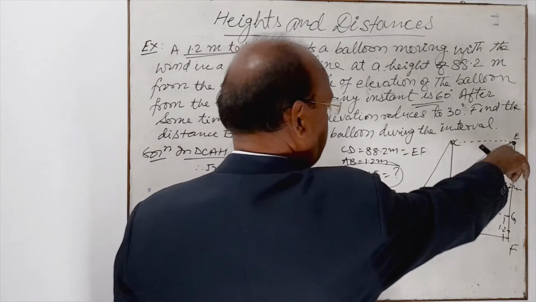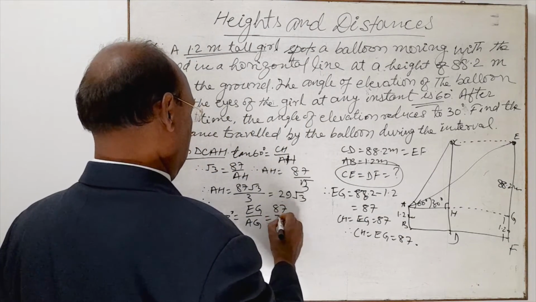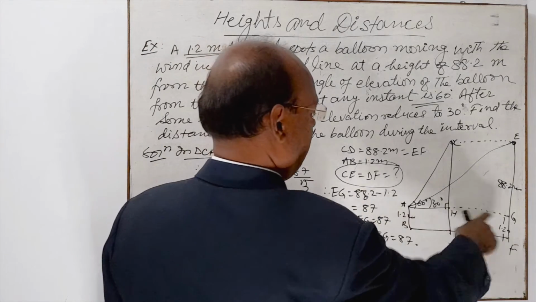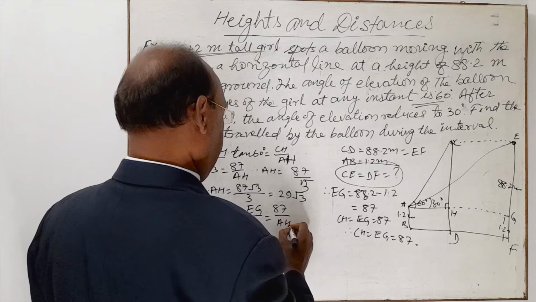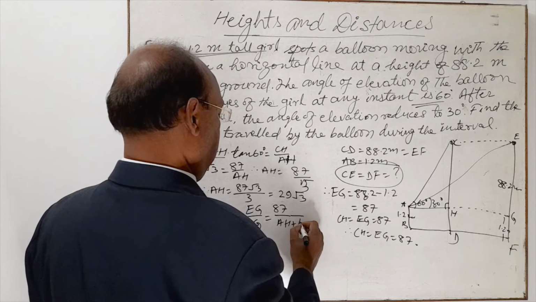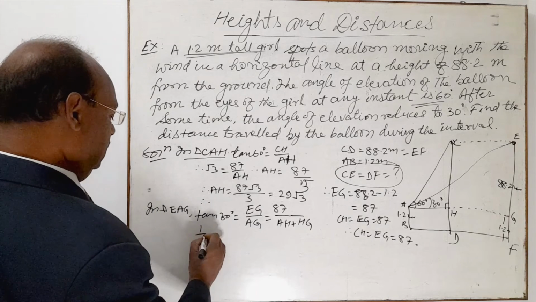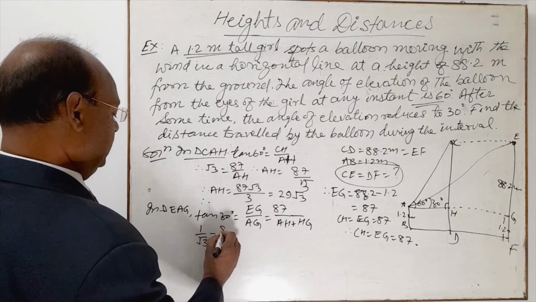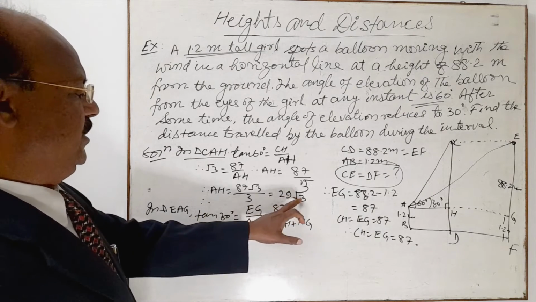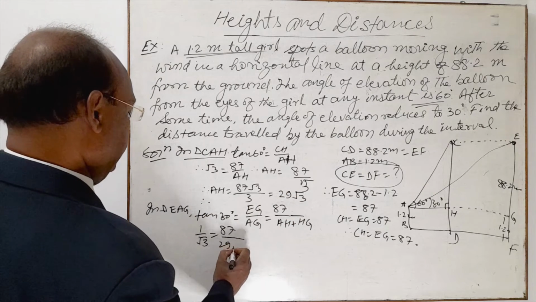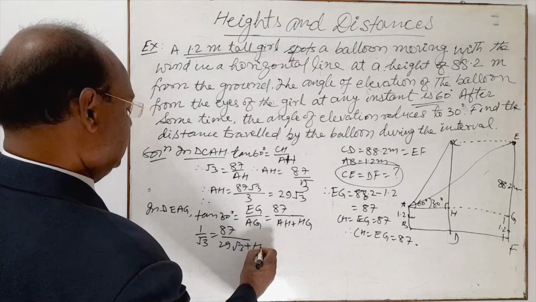And EG is how much? EG is 87, and AG can be written as AH plus HG. And you know, tan 30 is 1 by root 3, equal to 87 by AH plus HG, where AH is 29 root 3. So 29 root 3 plus HG.